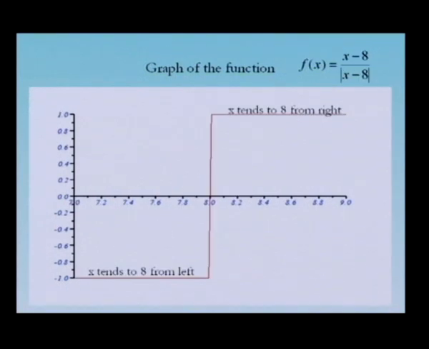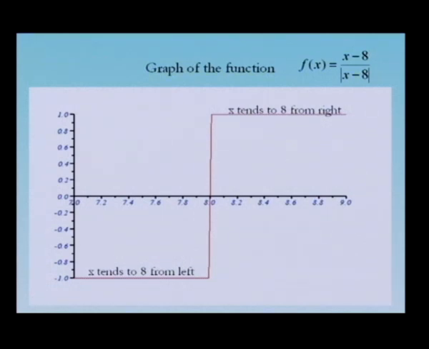Next, consider the function f(x) equals x minus 8 upon mod x minus 8. Here when x tends to 8 from left, the function is -1, and when x tends to 8 from right, the function value is 1.